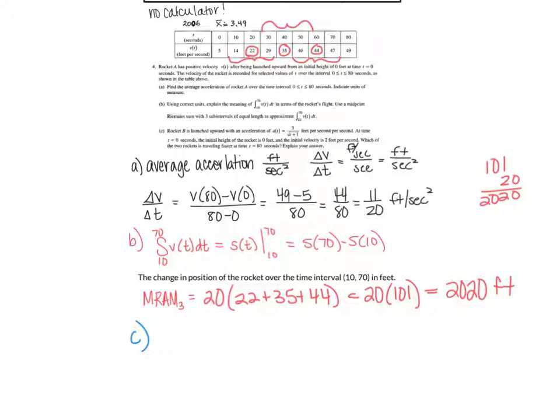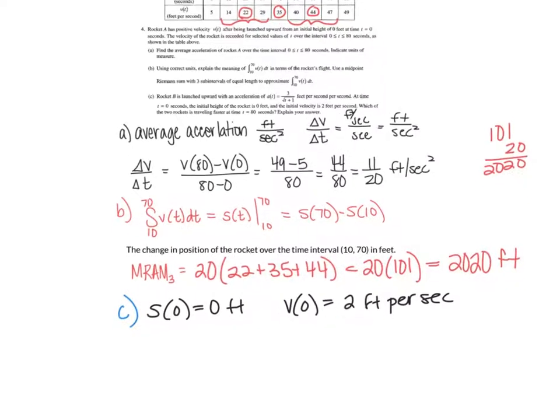Okay, so part C says rocket B is launched upward with an acceleration a of t, feet per second per second. At time t equals 0, the initial height of the rocket is 0 feet. The initial velocity is 2 feet per second. Which of the two rockets is traveling faster at time 80?